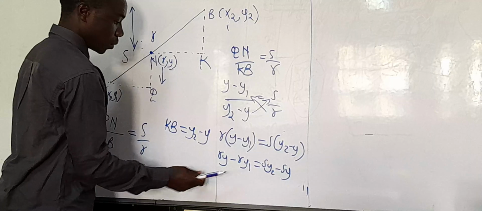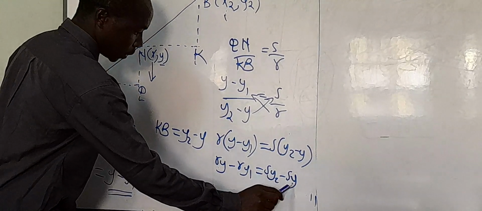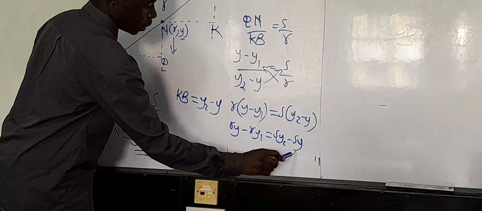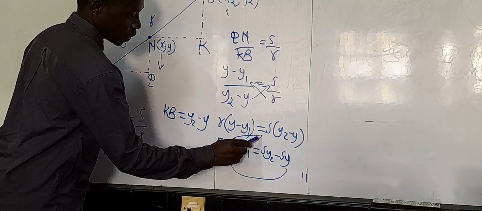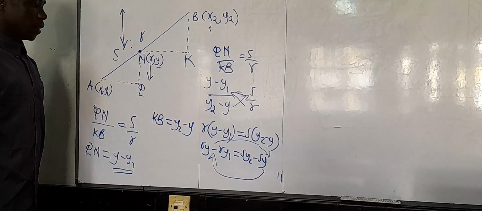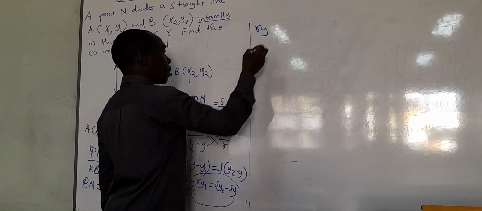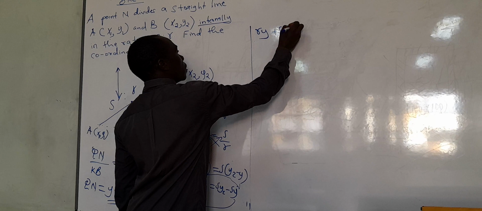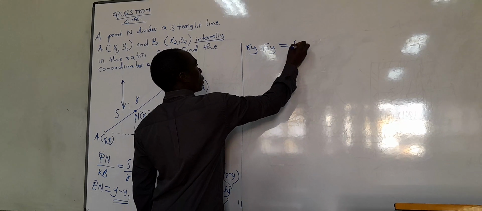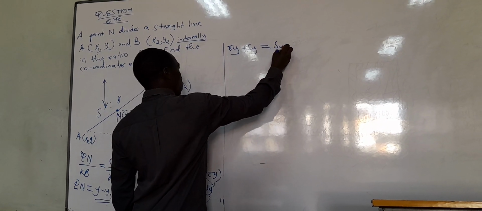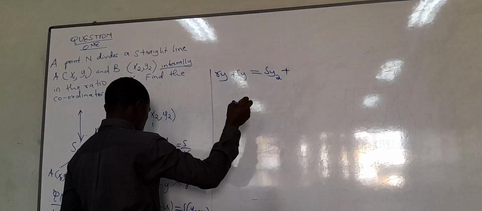Next thing is to collect the like terms. If you look at this, we have Ry here and Sy here. So what will you do? You can bring this Sy on this side, and it's going to be plus. Then you take Ry1 on this side, and you will have Ry plus Sy to be equal to Sy2 plus Ry1.